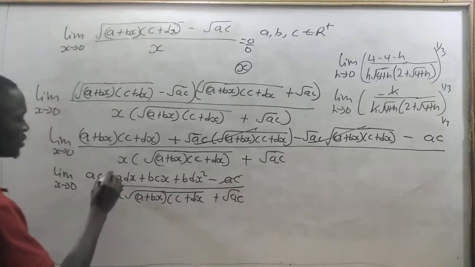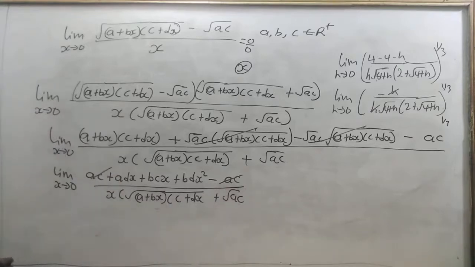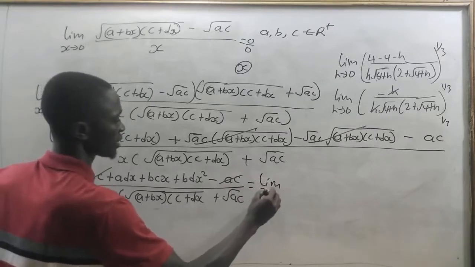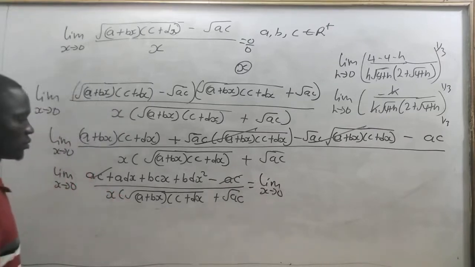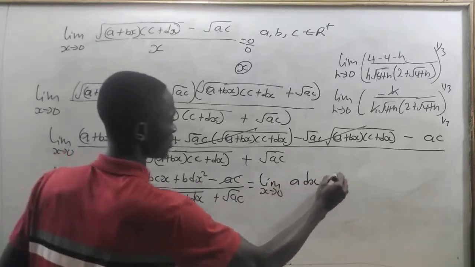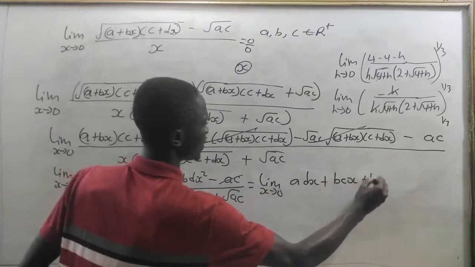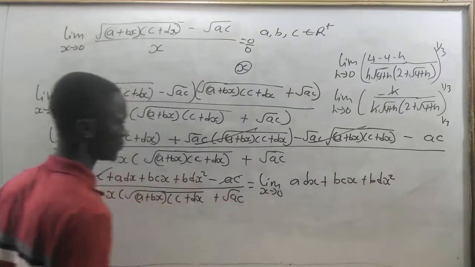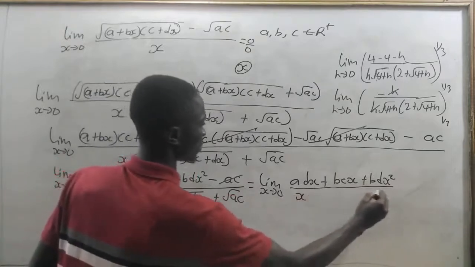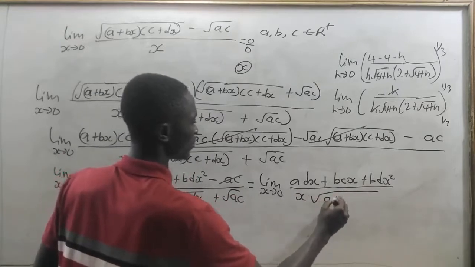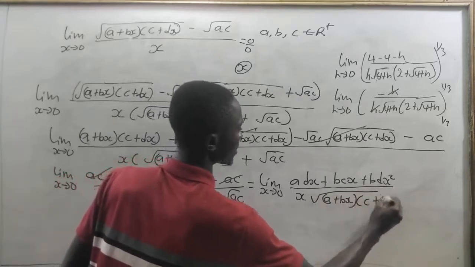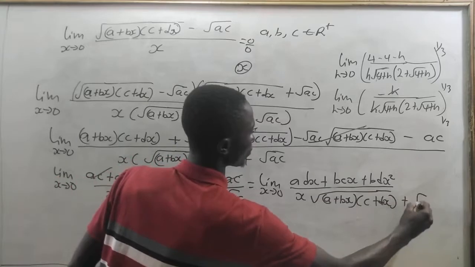And here this AC will cancel this AC. So we have the limit as x approaches 0 of ADX plus BCX plus BDX squared, all divided by x times the square root of a plus bx times c plus dx, plus the square root of AC.